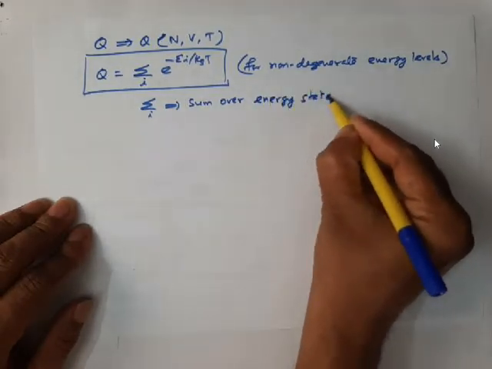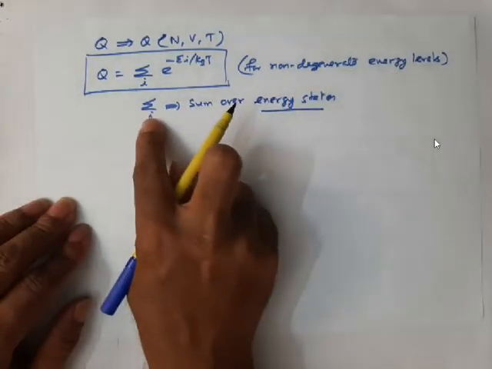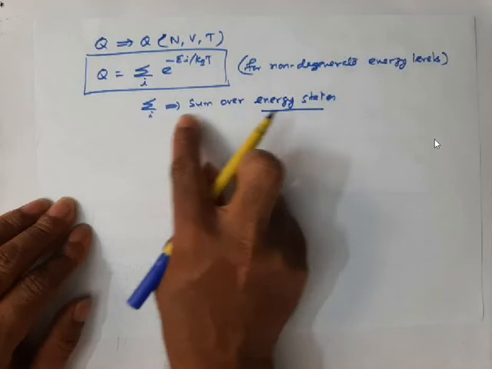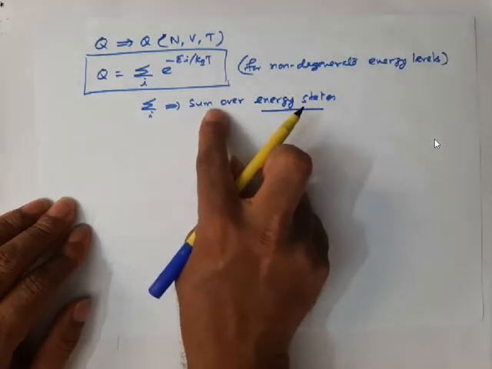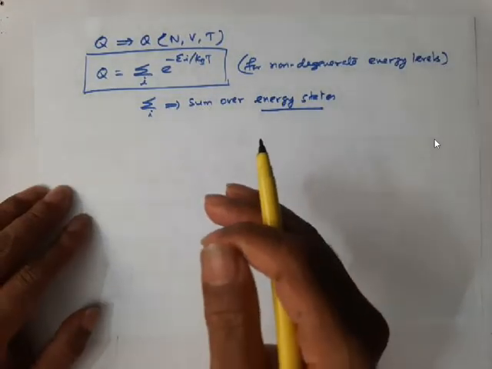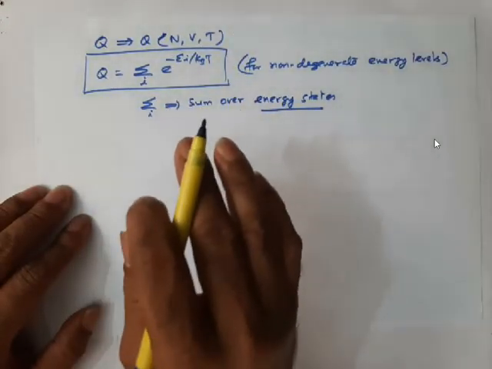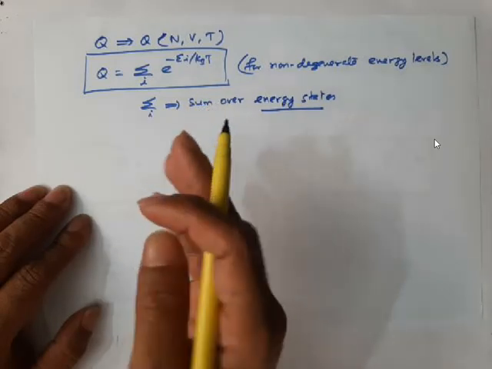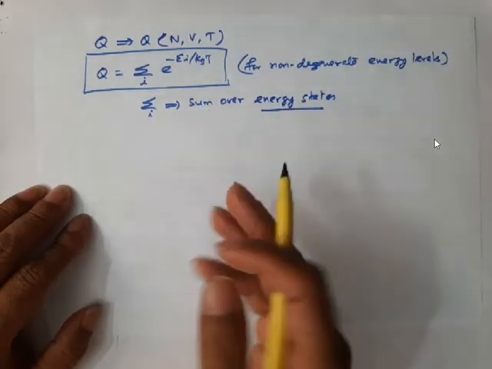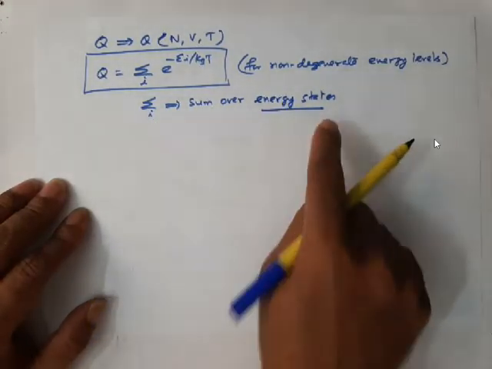For non-degenerate energy levels, this summation symbol should be taken as sum over energy states. You know very well, if each energy level contains only one state, you can call it an energy level or energy state. Nothing wrong in it. So this is actually called the sum over energy states.